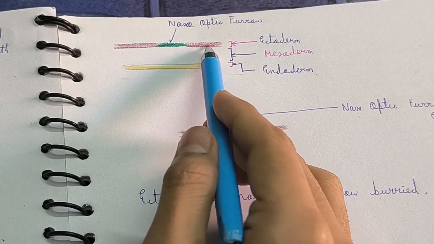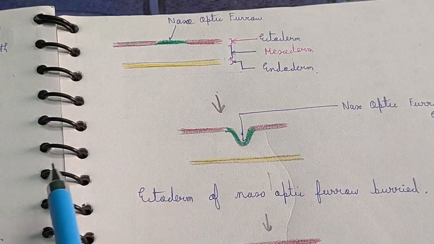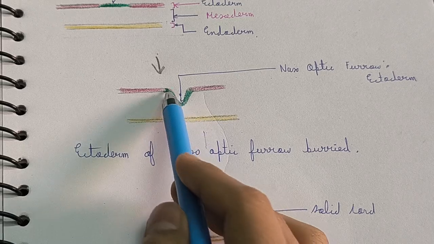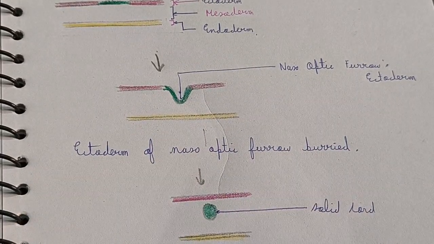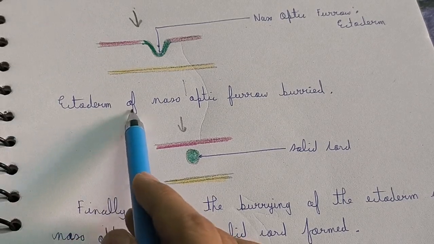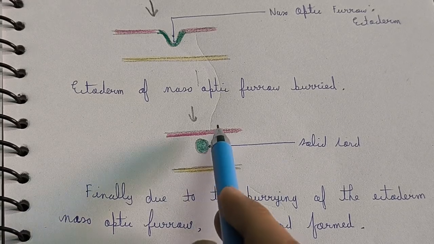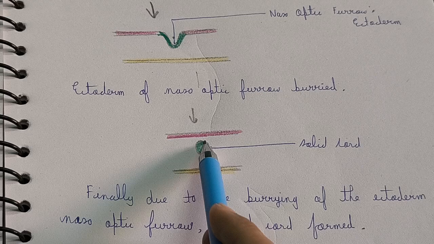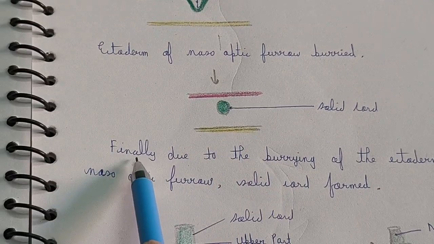You can notice this is ectoderm, mesoderm, endoderm. Here this is the naso-optic furrow, and the ectoderm of the naso-optic furrow becomes buried.